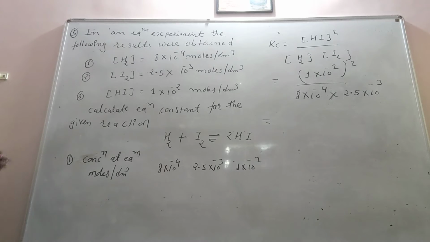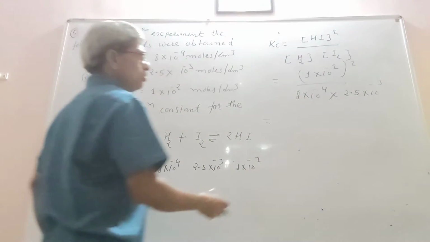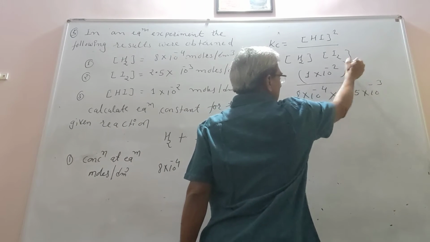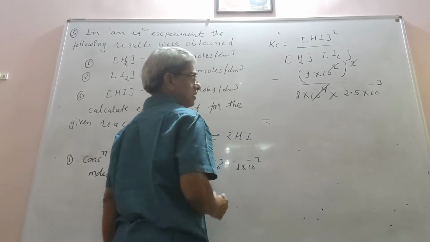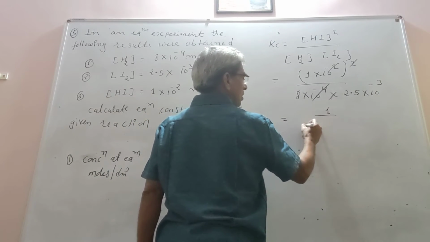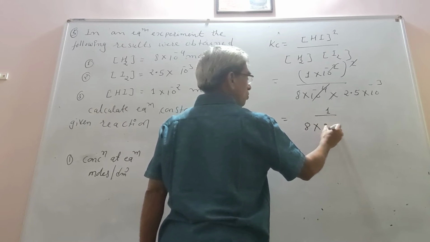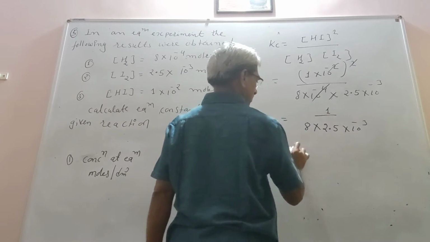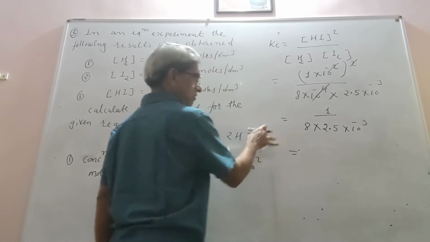Simple, substitute the values, then 10 raised to minus 4 and minus 4 get cancelled, and then it is equal to 1 upon 8 into 2.5 into 10 raised to minus 3.